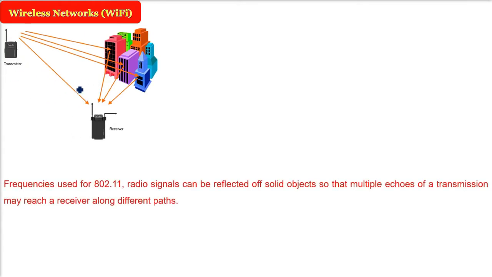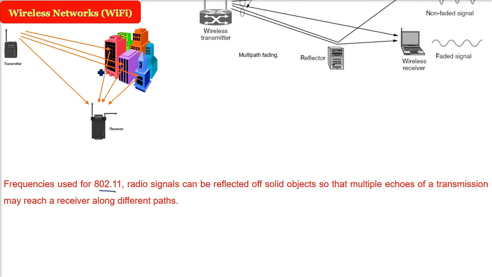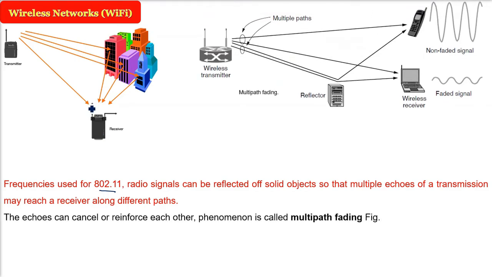Now, when we are dealing with wireless networks, the frequencies which we use in 802.11 are radio signals. Sometimes they can be reflected off solid objects, which generally means infrastructure, the buildings, etc. Because of this, multiple echoes of a transmission may reach a receiver along different paths.